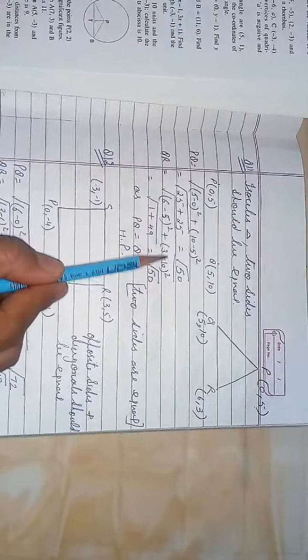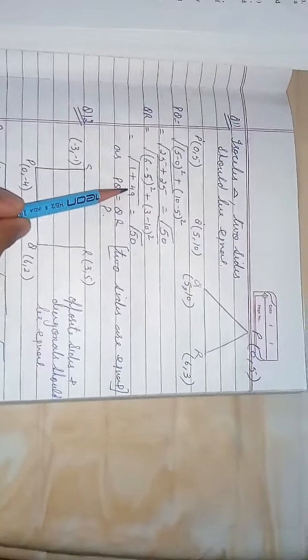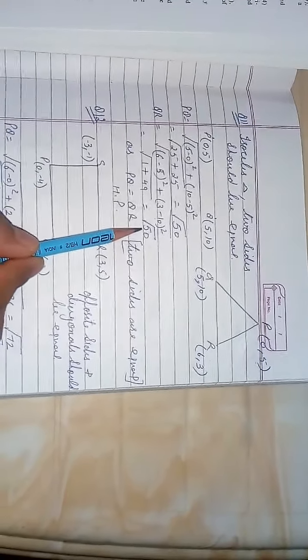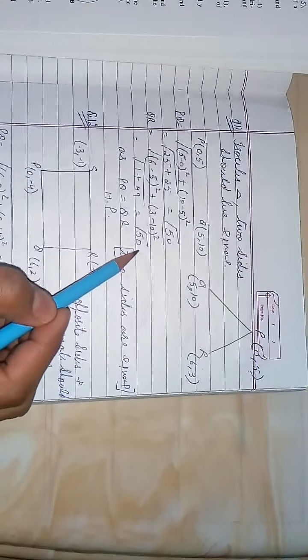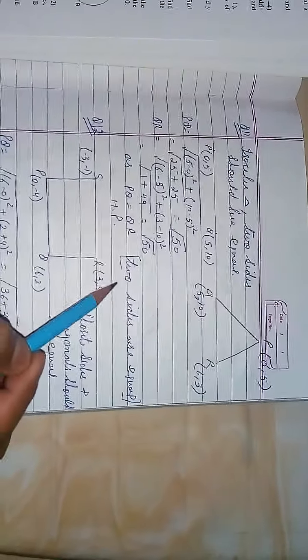But children, the power 2 will make it positive, so here will come 49. So 1 plus 49 is under root 50. So you can see, children, these two sides are equal, both are root 50, so we need not find the third side. With this only we have proved that these are the vertices of an isosceles triangle. That's all. Move to the next question, question number 12.